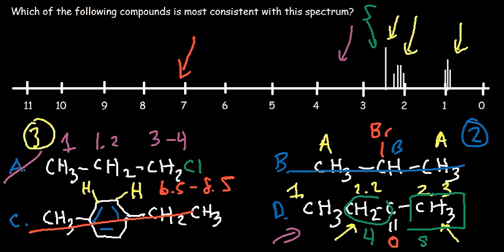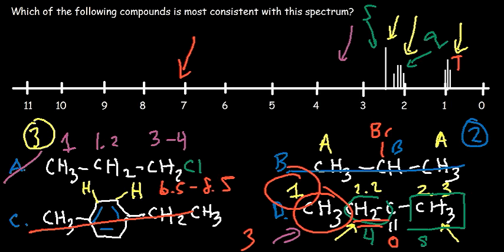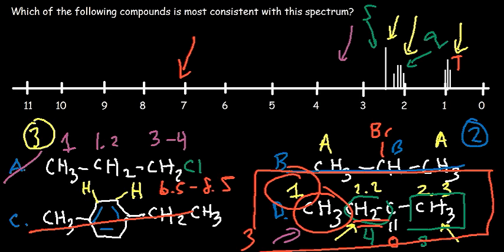It should appear as a quartet. We do have a quartet here. And looking at the CH3 on this side, that CH3 is adjacent to a CH2, so 2 plus 1 is 3. We should have a triplet, and we do indeed have a triplet at 1. So answer choice D really matches the graph that we have.